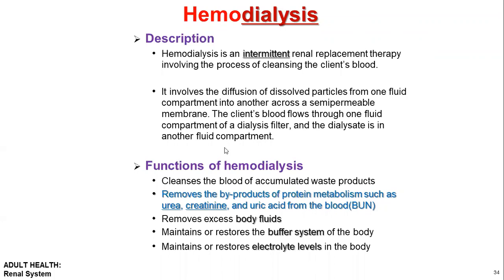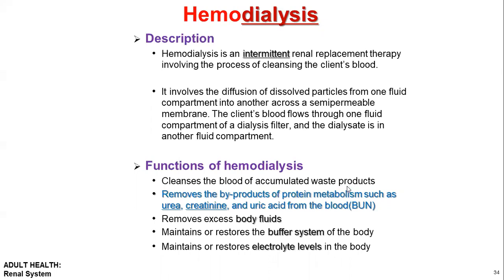So let me read it. Cleaning the blood of accumulated waste products. During the metabolism process, nitrogenous substances or proteins break down and produce waste products. And these waste products, like ammonia, you need to expel from your body.